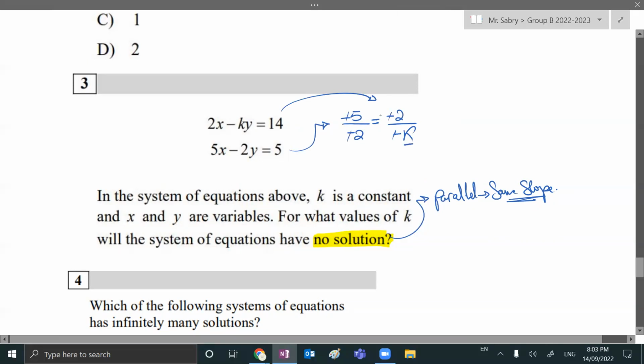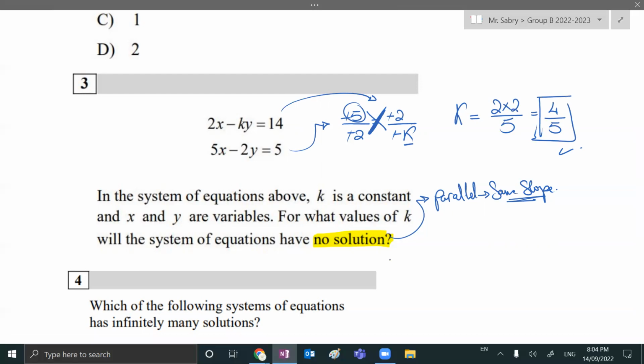In order to get the value of k, I'll just cross multiply, and I'll say that k now is equal to these two multiplied by each other, 2 times 2, and then divided by the third number, which is the 5, which would give you then 4 over 5. That is the answer. That is the value of k that would make this system have no solution. Does this make sense? Awesome.